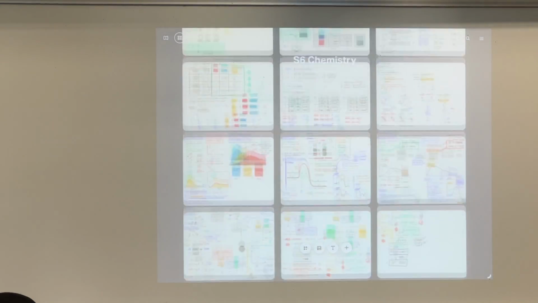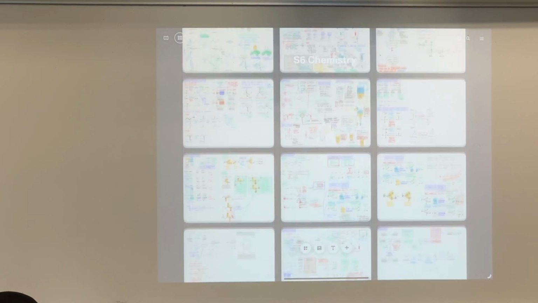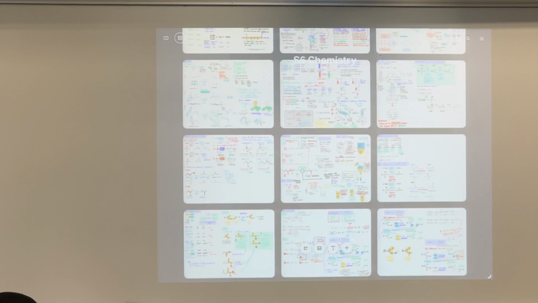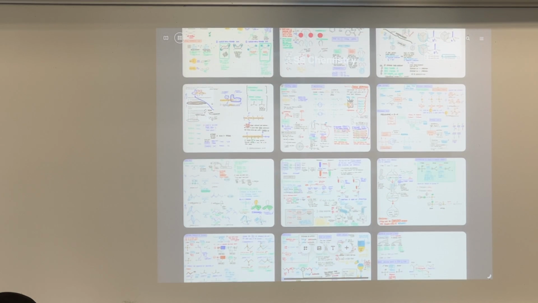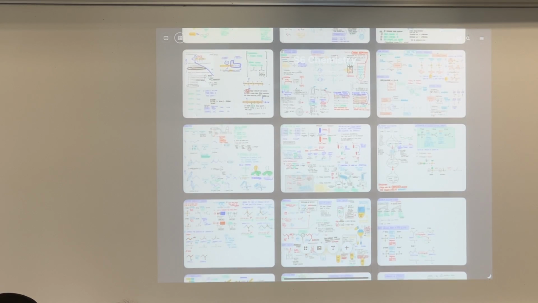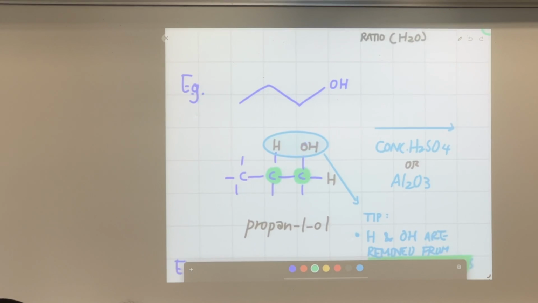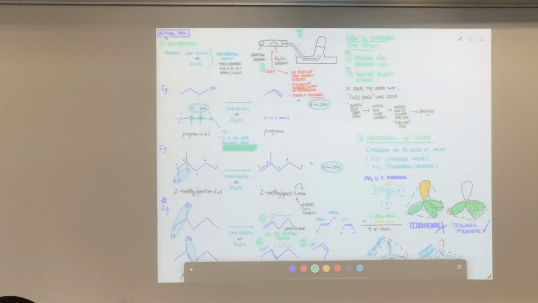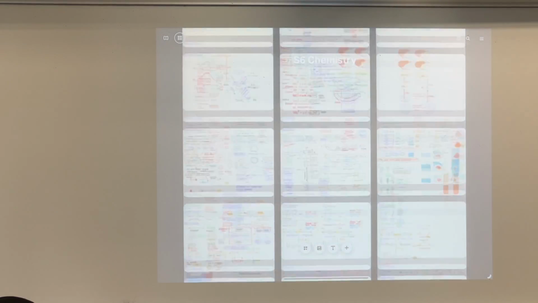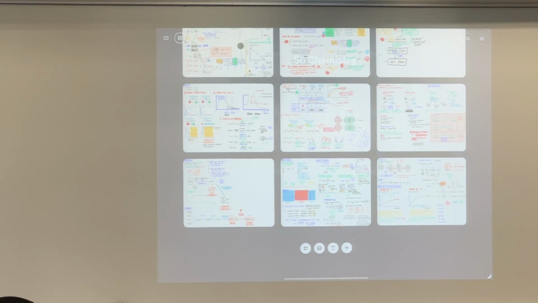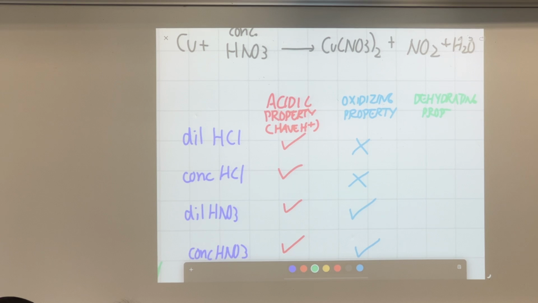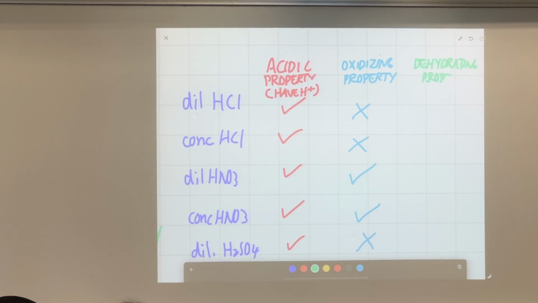Let me remind you from a million pages ago. It's here. Do you remember that you can dehydrate alcohol using conc sulfuric acid? I hope if they really ask you this in the exam, you remember. The dehydration of alcohol, with dehydrating agent conc sulfuric acid.